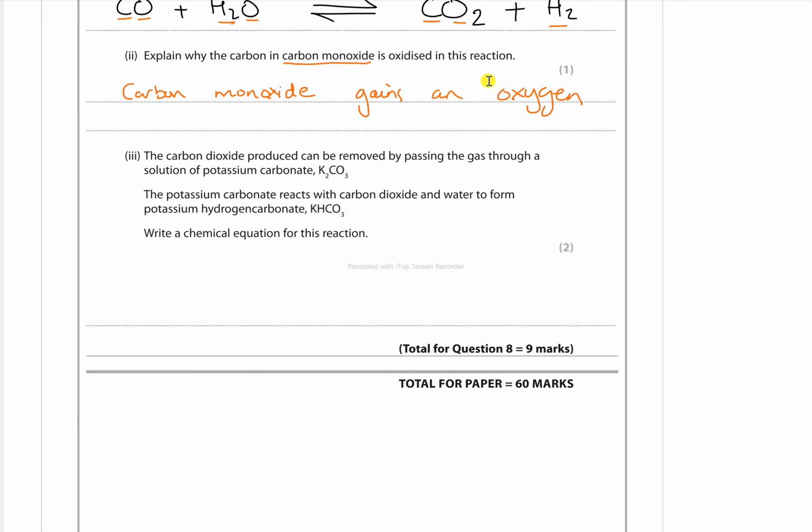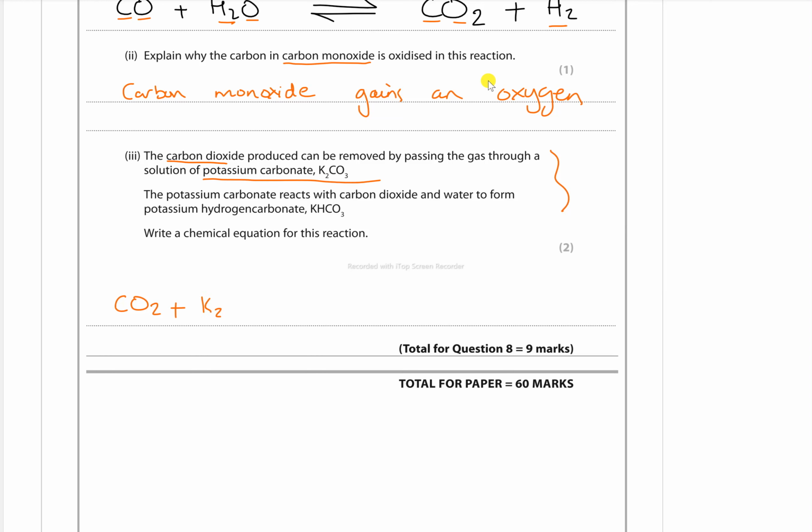Right, okay, look, it looks weird, but if you read it, carbon dioxide produced can be removed by passing it through a solution of potassium carbonate.